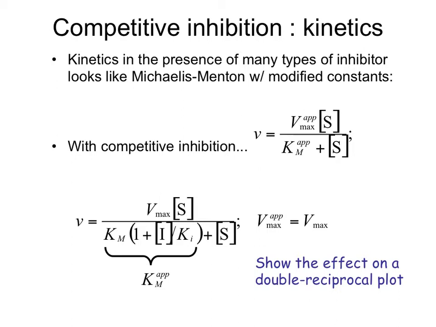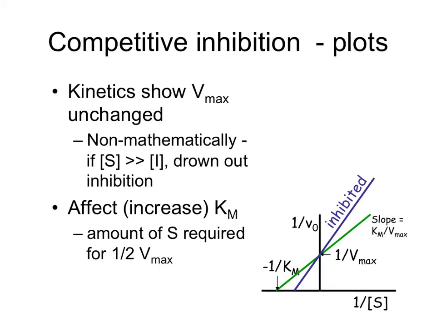The kinetics in the presence of inhibitors looks like Michaelis-Menten with modified constants. So with competitive inhibition, instead of having this equation shown here, you're now having the addition of this inhibitor concentration, and this can be shown as an effect in a double reciprocal.